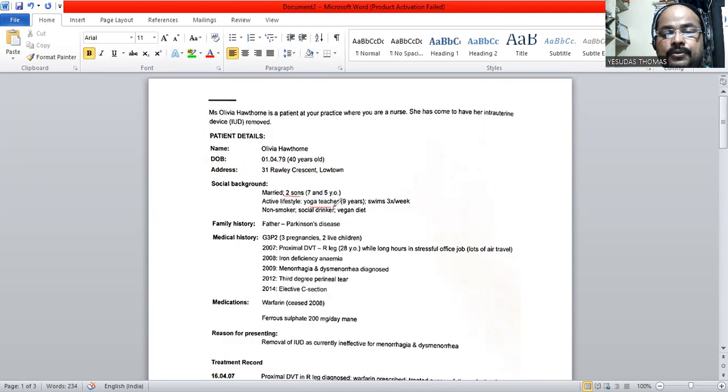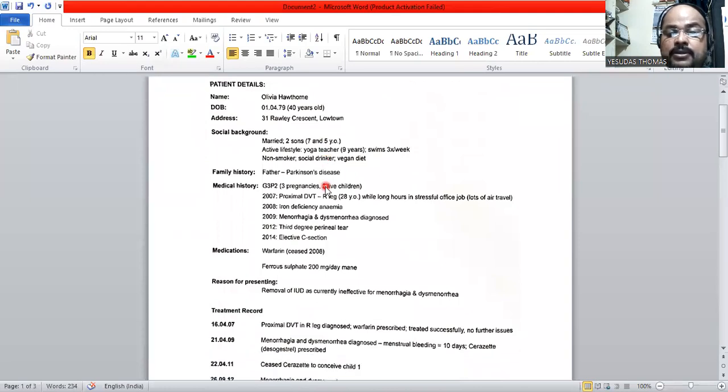We are not going to write what's her profession, what she does, her habits and diet preferences. It's not relevant to the situation because you're writing to the obstetrician. We have a specific purpose for our writing, so we have to skip all these things. And Parkinson's disease is not related to the current condition, so we have to skip that too.